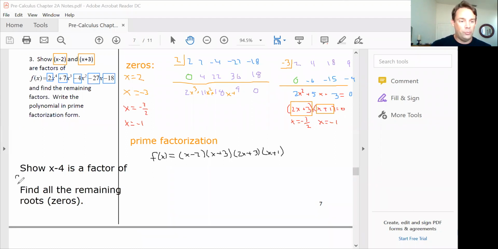Let f of x be 3x cubed minus 10x squared minus 16x plus 32. I gave you one root. You go find the other ones. Pause the video and go for it.